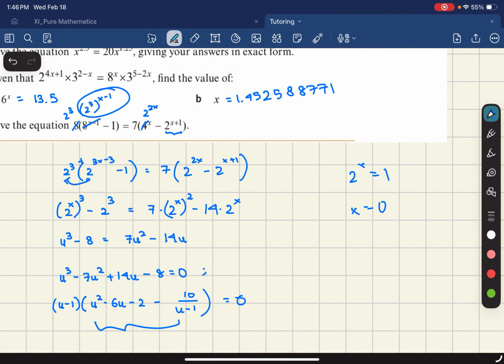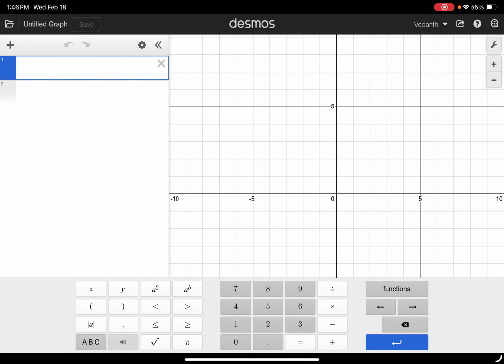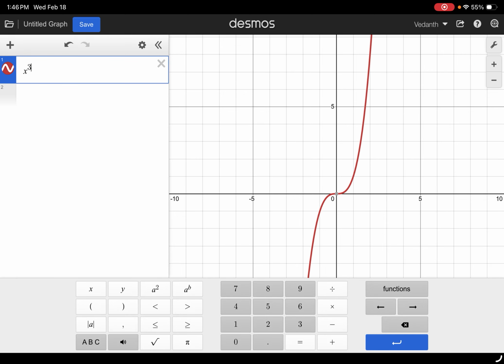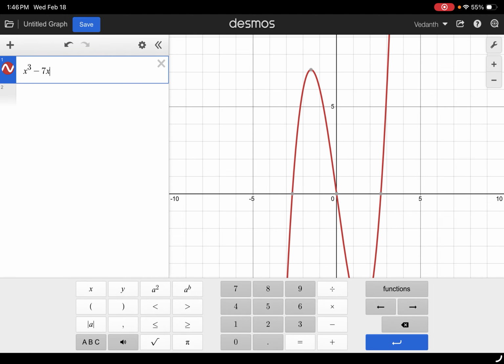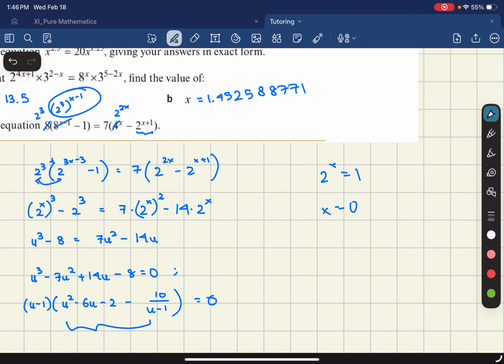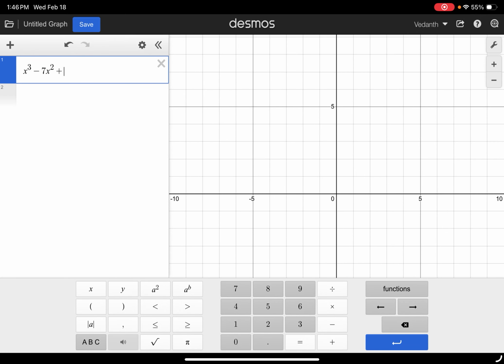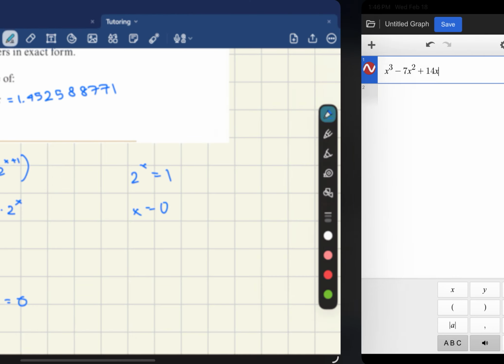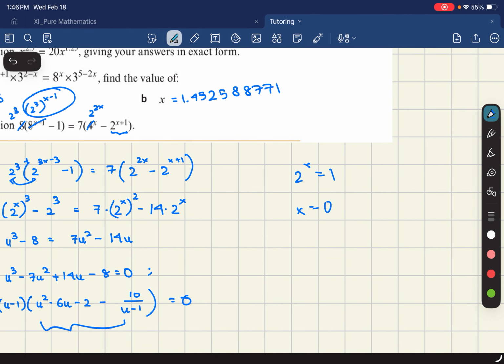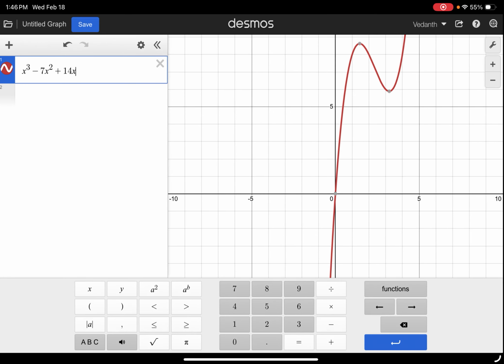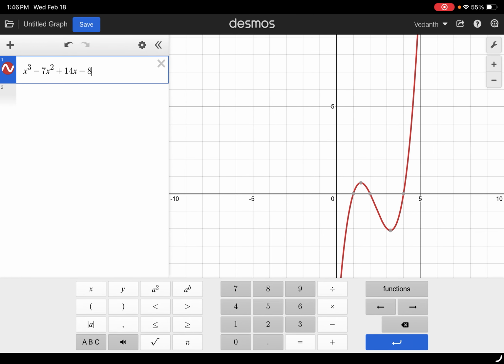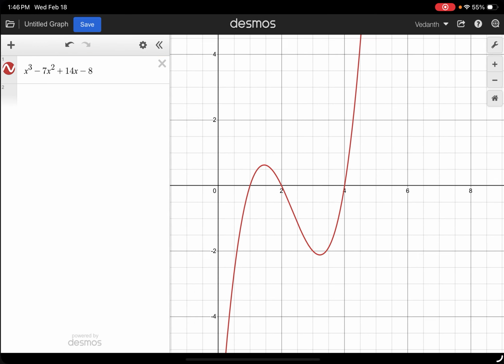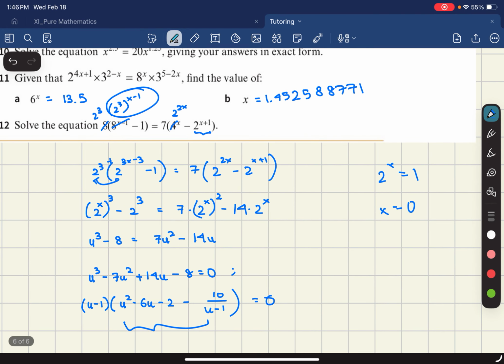So our graph was u cubed minus 7u squared plus 14u minus 8. So it does have roots. So I think we might have made a mistake while doing the division.